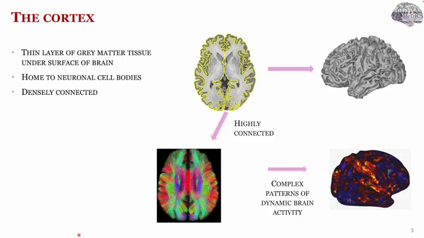And this is made inordinately more complicated due to the breadth of variation of human cortical organization, where the cortex, as we all know, is this thin layer of tissue at the outer surface of the brain, which forms complex convolutions in order to make room for a dense network of interconnected cells, which mediate complex patterns of dynamic brain activity, all of which underpin many aspects of cognition that we're interested in.